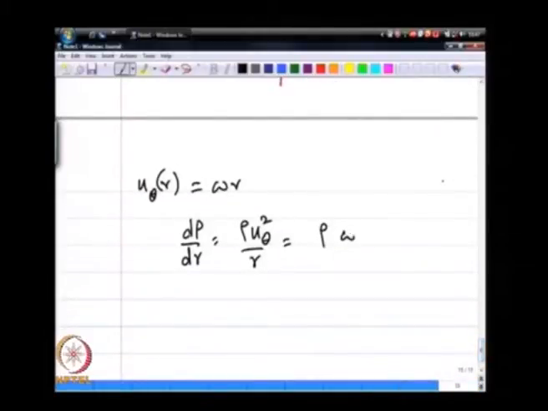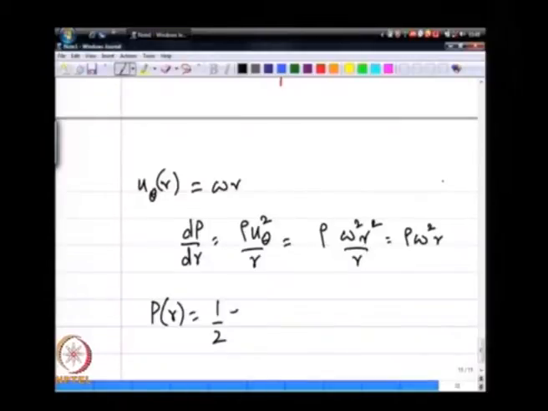So, this is rho omega squared r squared over r, which is rho omega squared r. So, if I integrate this, P of r equals half rho omega squared r squared plus a constant I will call P 0.